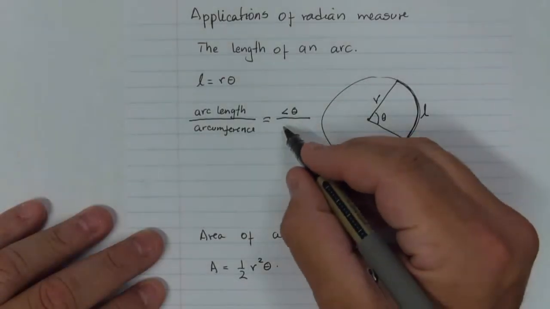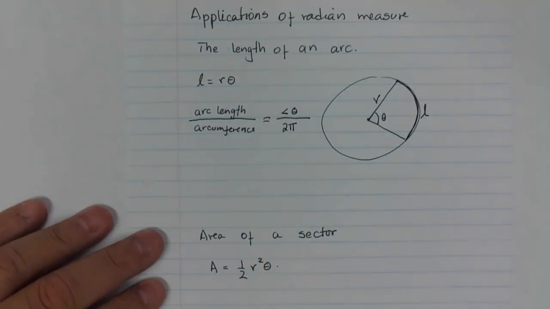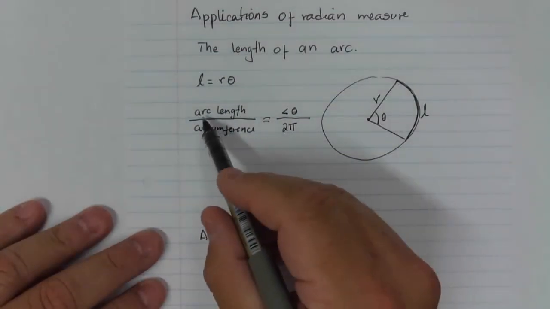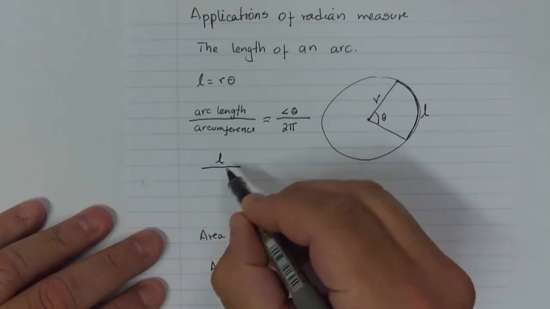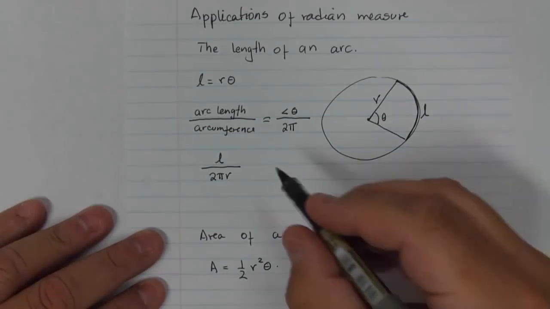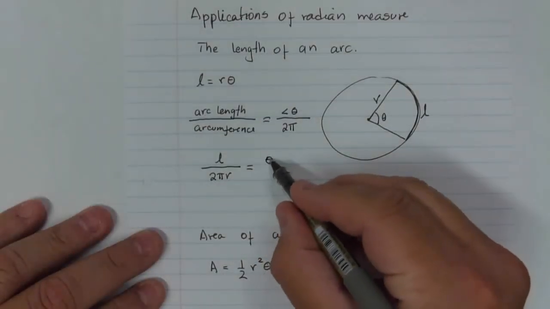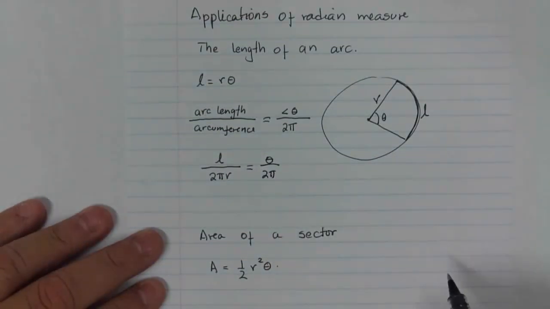Yes? So the arc length is L. The circumference of a circle is 2 pi r. And on the other side, I've got the angle theta over 2 pi, which is a full revolution.